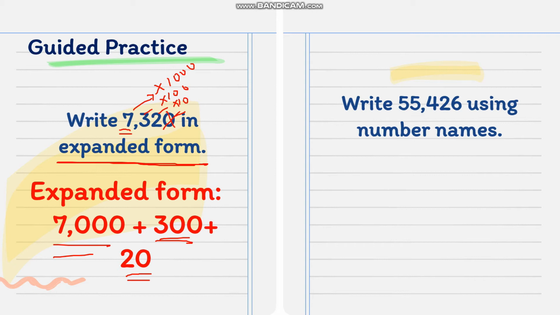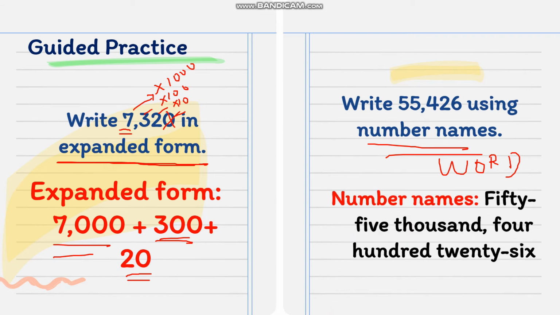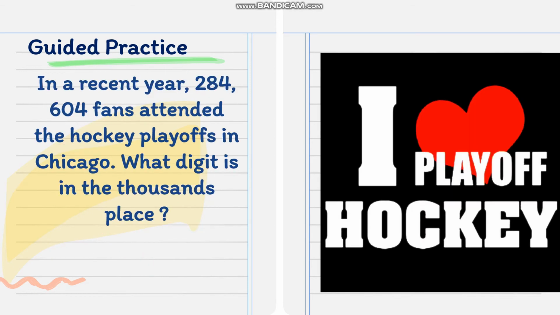Next, write 55,426 using number names. Again, when we say number names, it means it is a word form. So how do you write this one? 55,426. So we're going to write it 55,000, 426.